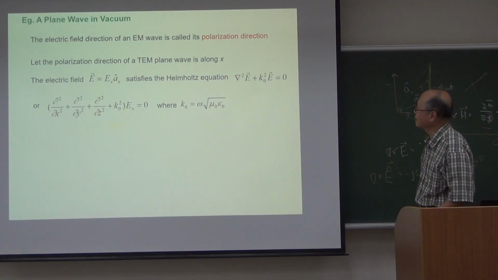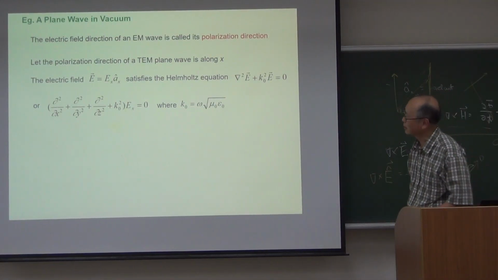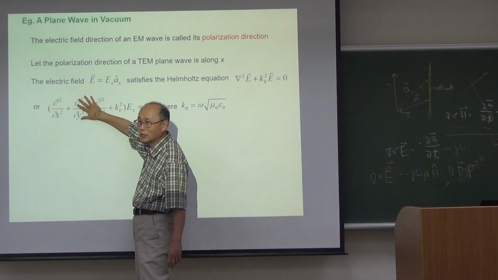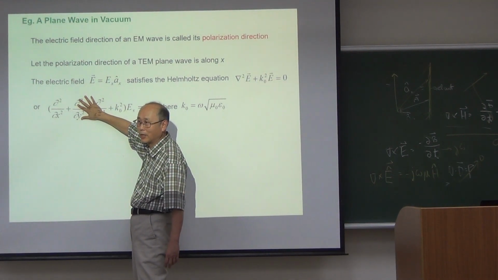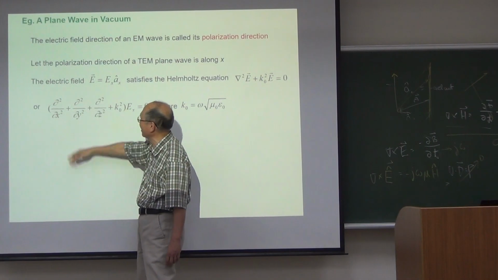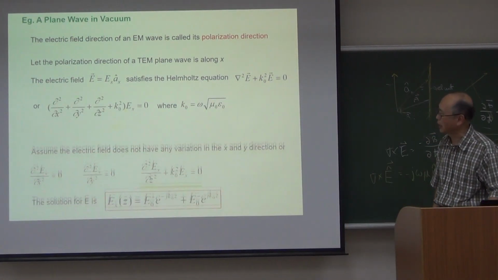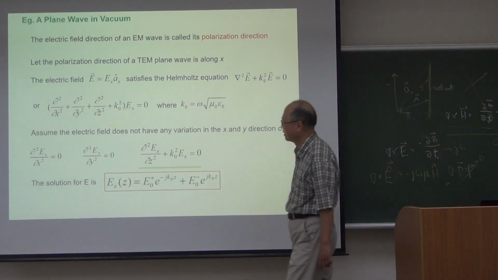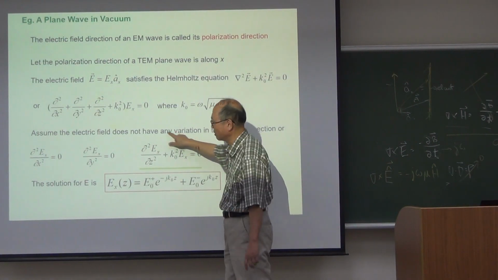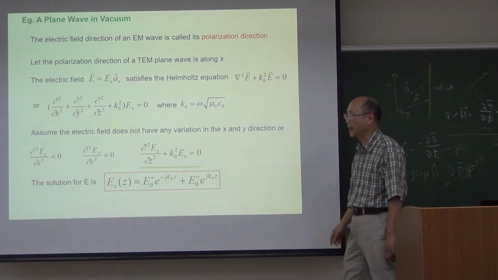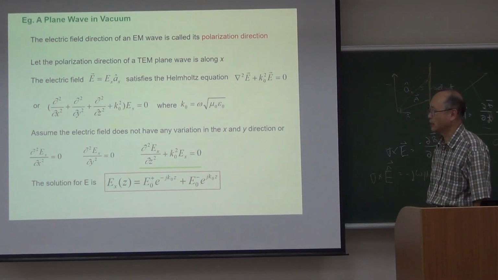And with this simplification, there's no variation of the field along the transverse plane because it's a plane wave, it's uniform. So we take out the x and y coordinates, okay? So we end up having this very simple Helmholtz equation depending on the z direction only.